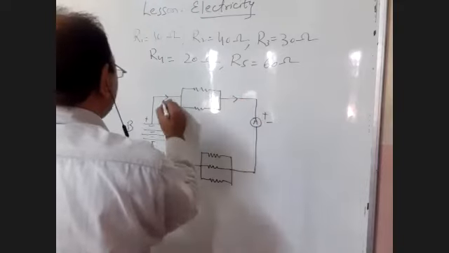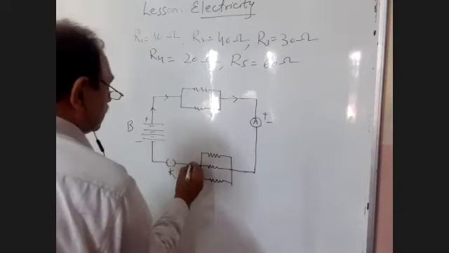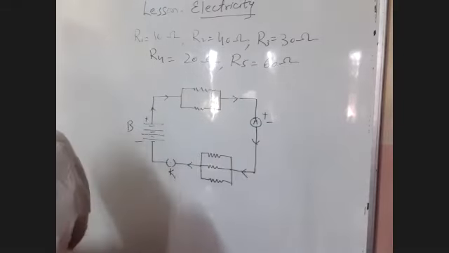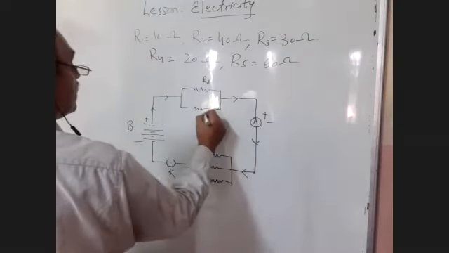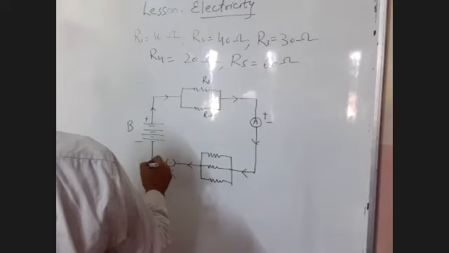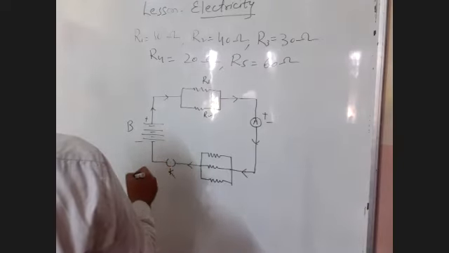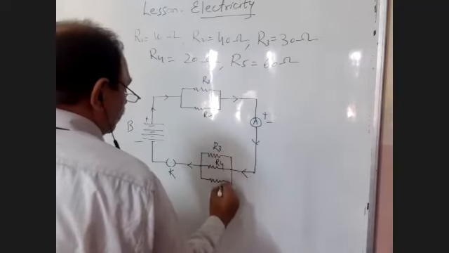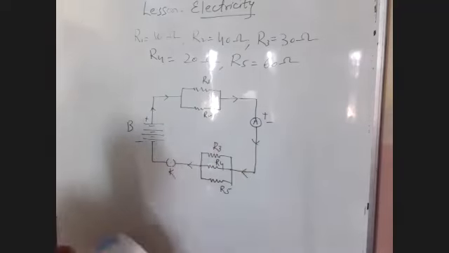In this way the current will flow. R1 and R2 are shown here, and R3, R4, and R5 are connected like this.